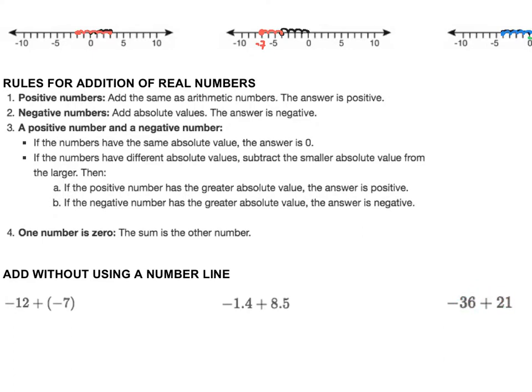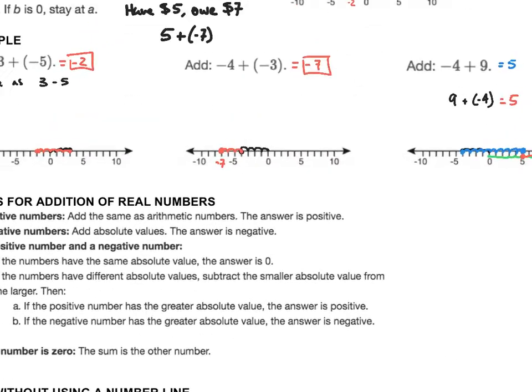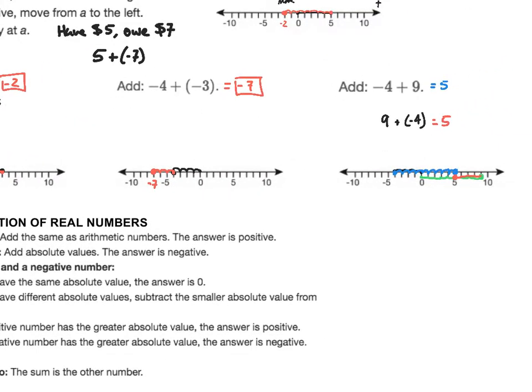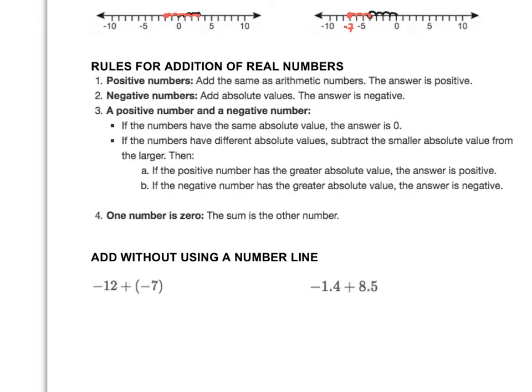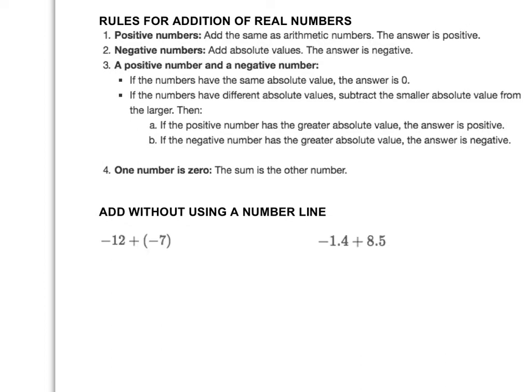And then if we look at something like this, 9 is larger than 4. 4 is the one that's negative, so your answer is still going to be positive. That's what this means, and that's it. So let's go ahead and add these without using a number line.